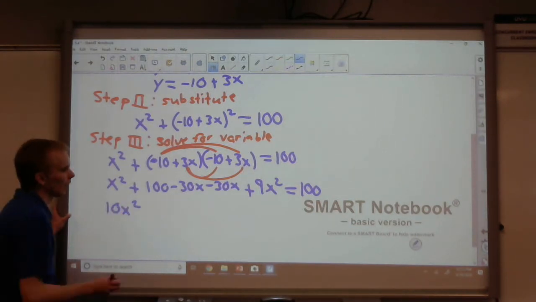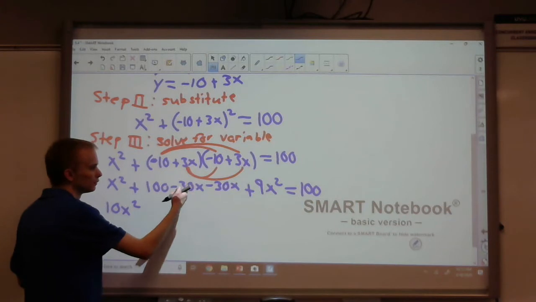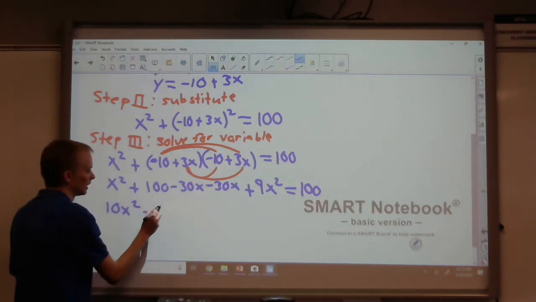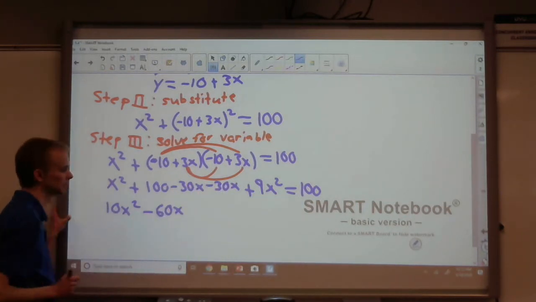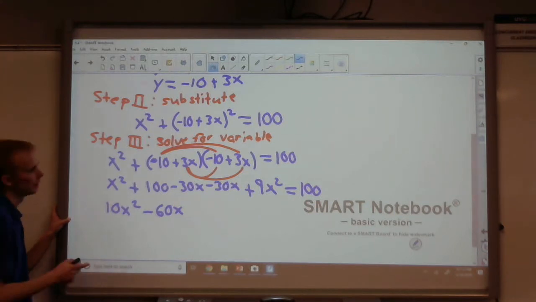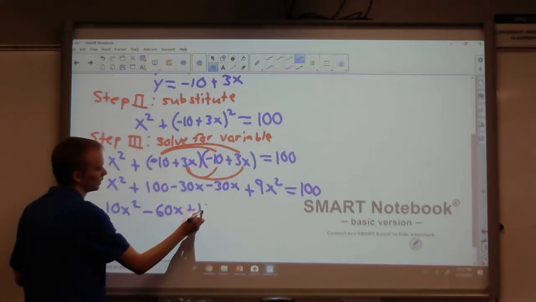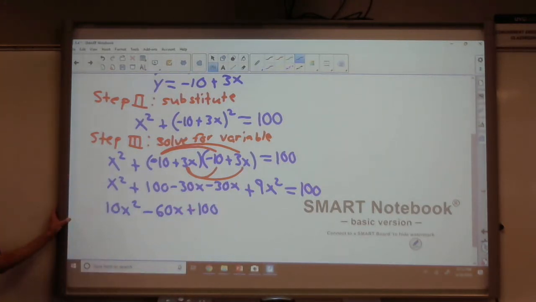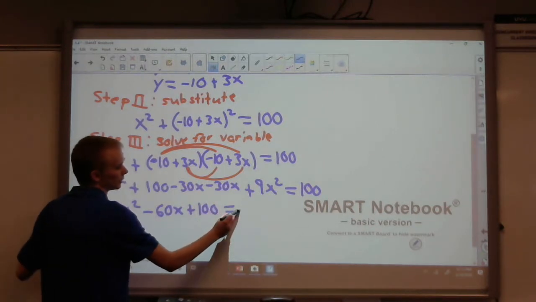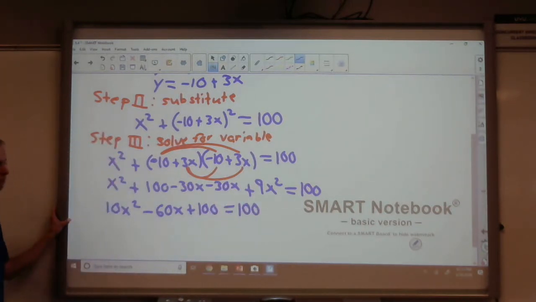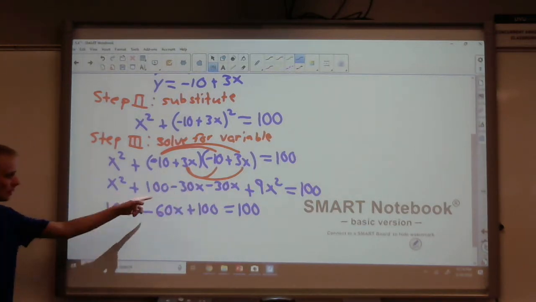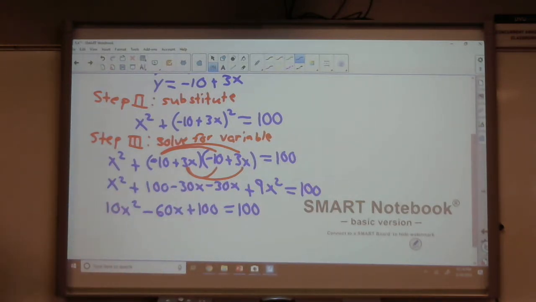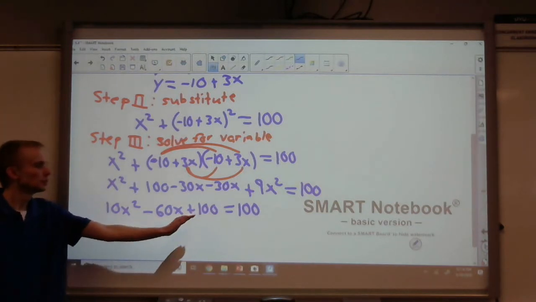I've got two negative 30x's, so that's negative 60x. And then I've got this plus 100 on this side. Just combining like things, this should equal 100. So I'm just combining like terms on this side of the equation. Get this. So now what?